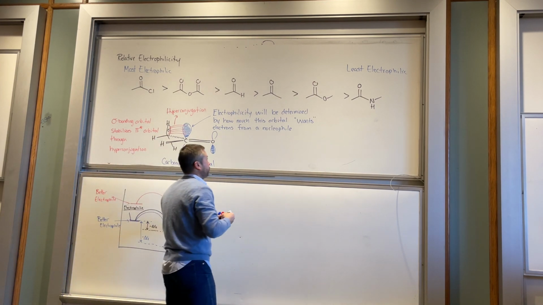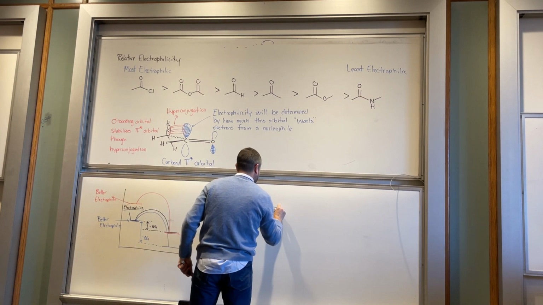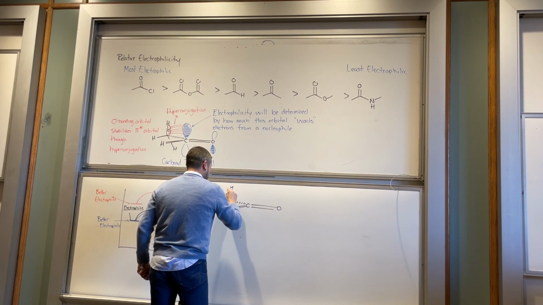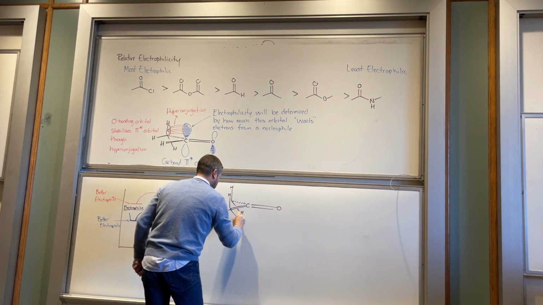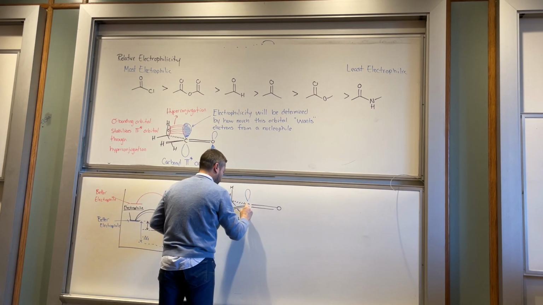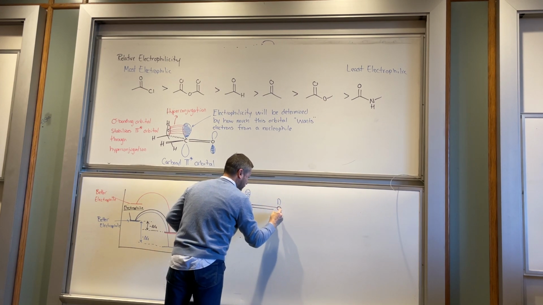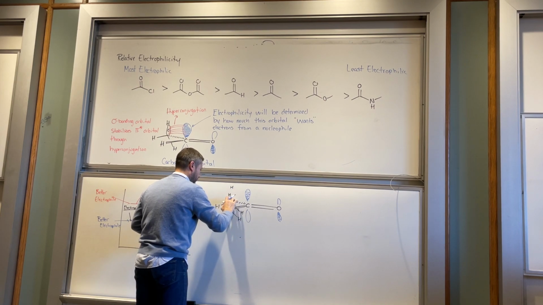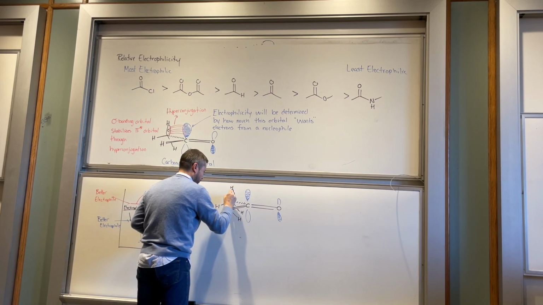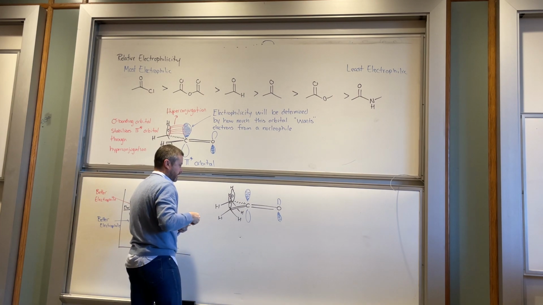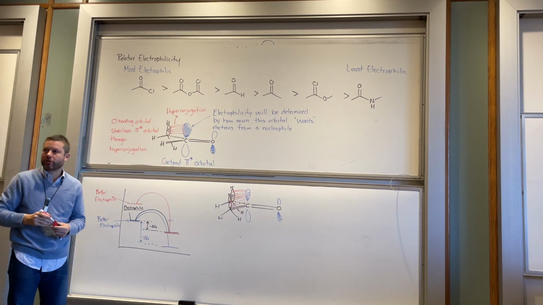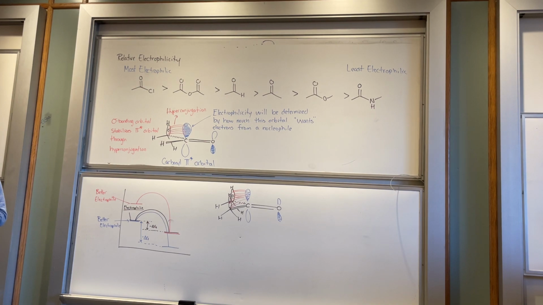If we compare that to a ketone, in a ketone, because we have two alkyl groups, we're going to have two elements of hyperconjugation, or two sigma bonding orbitals that help stabilize that pi star orbital.